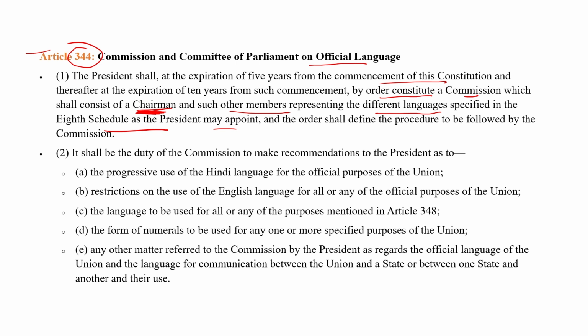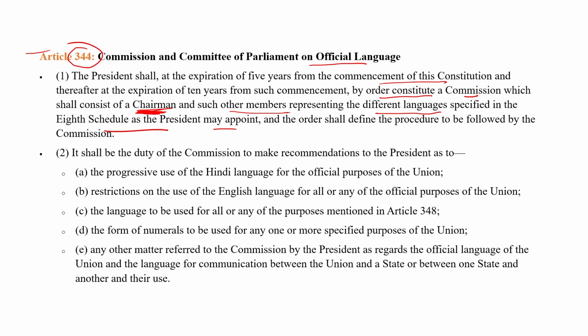According to Article 344, as we already discussed in the 8th Schedule, there are a total of 22 official languages. So apart from Hindi and English, we have to work on the other official languages which are mentioned in our Constitution.